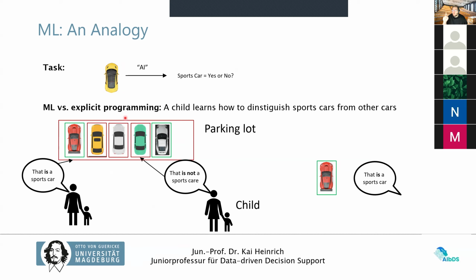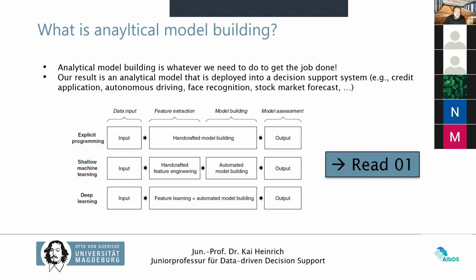If we would add the importance of the feature, then it would be explicit programming. We would say this has a weight of 2.0, this has a weight of so and so, and then we have an equation, right? So this would be explicit programming, where everything is handcrafted. The features are handcrafted, and the weights of the features, how important they are and how they influence the actual decision, are also handcrafted.